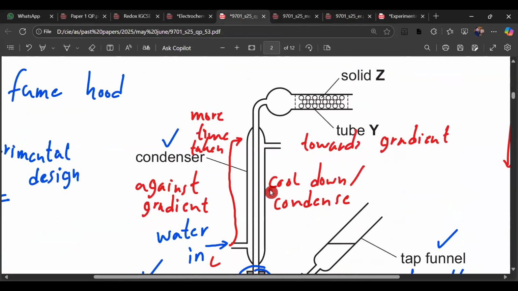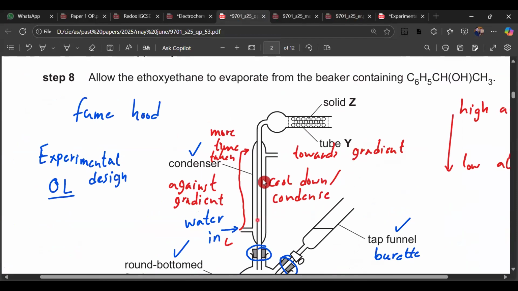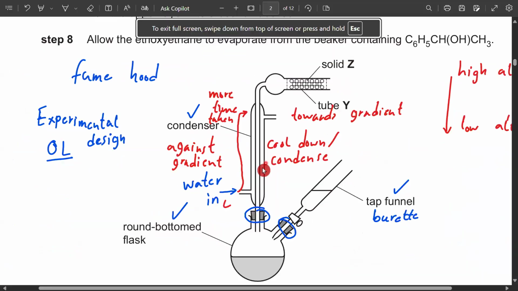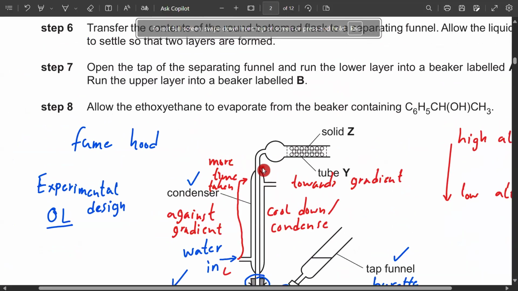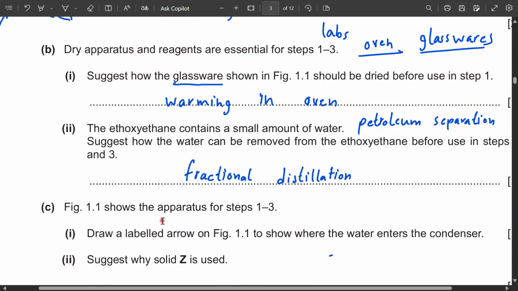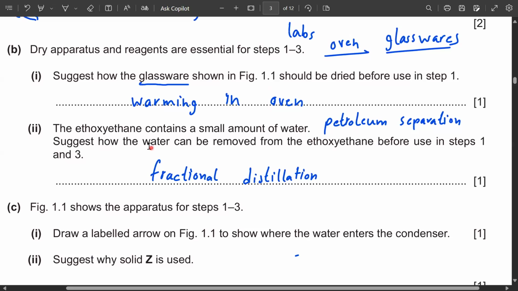The purpose of the condenser is to condense the liquid. The ethoxyethane contained water, and we had to remove that water. We have to separate it on the basis of fractional distillation.